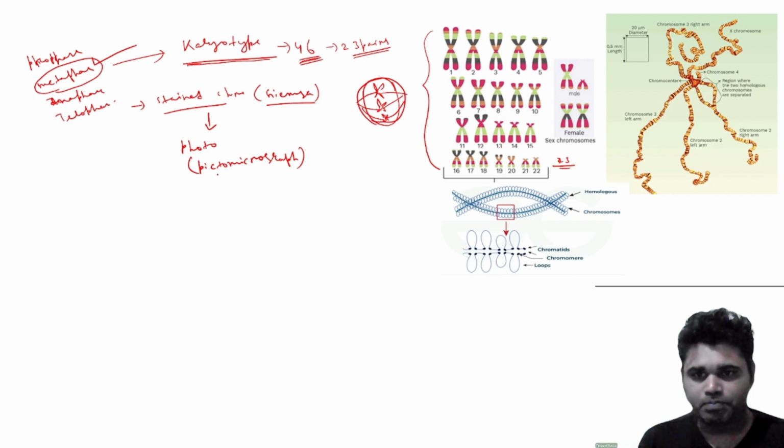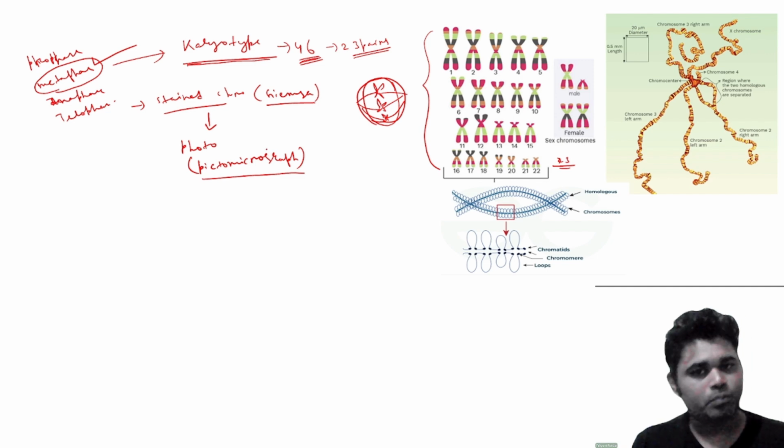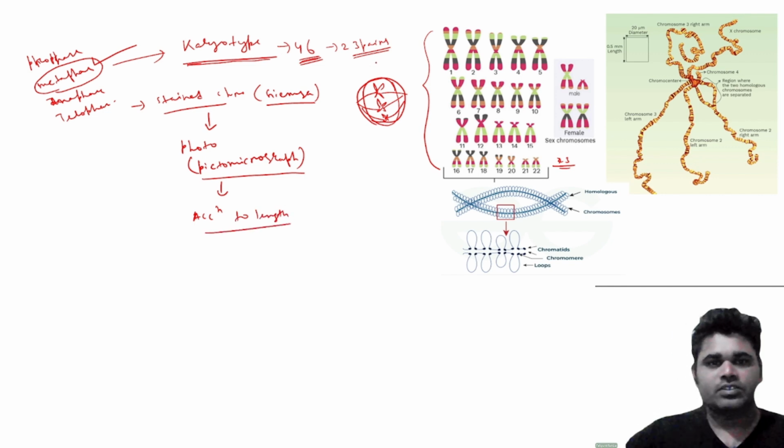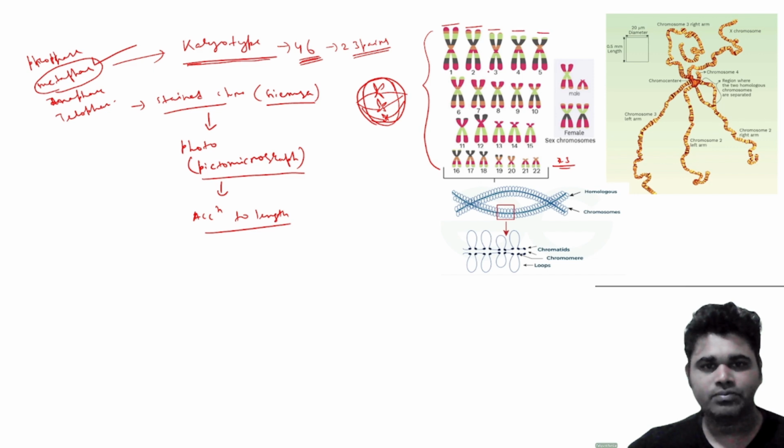After the photomicrograph, we arrange the chromosomes according to their length. Look at this structure. This is the one chromosome, the very long, largest chromosome, and this is the 2, this is the 3, this is the 4th, 5th, 6th.